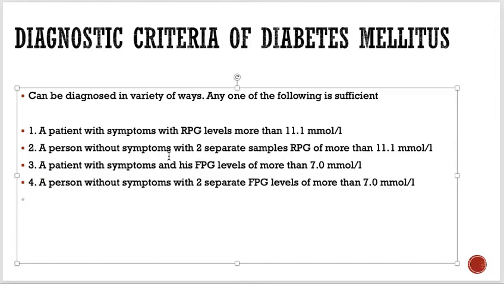It is called HbA1c. Basically 1c is like this, 1c. So what is this HbA1c now? HbA1c is basically called glycosylated or glycated hemoglobin.